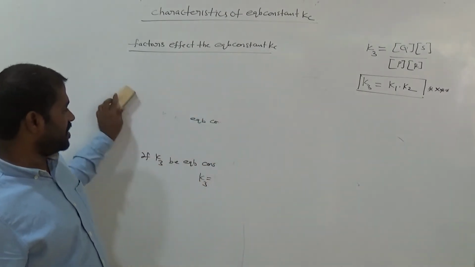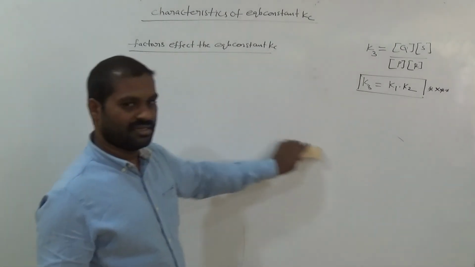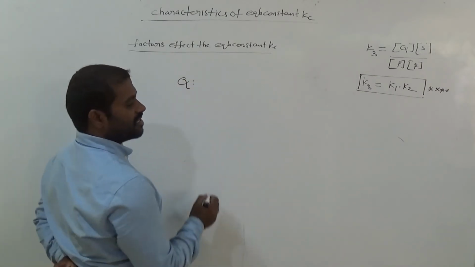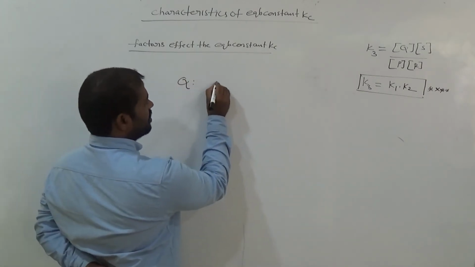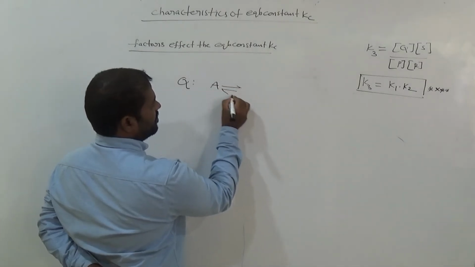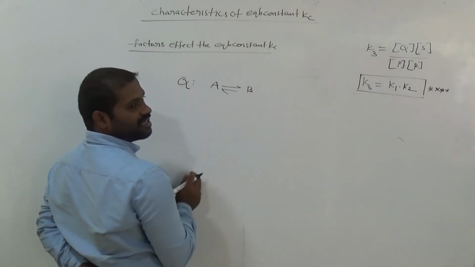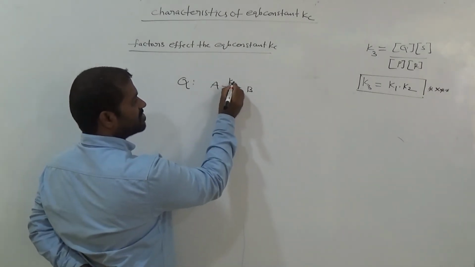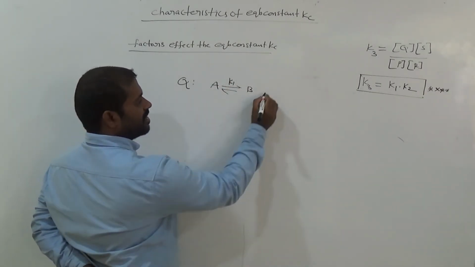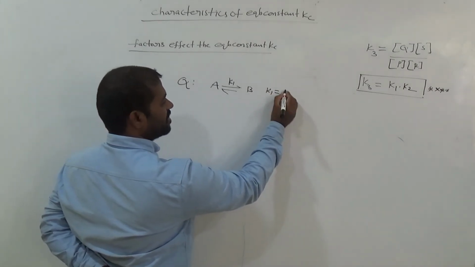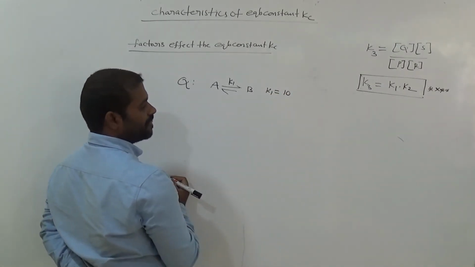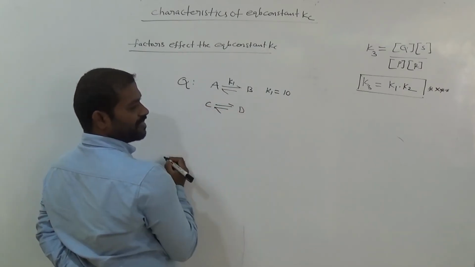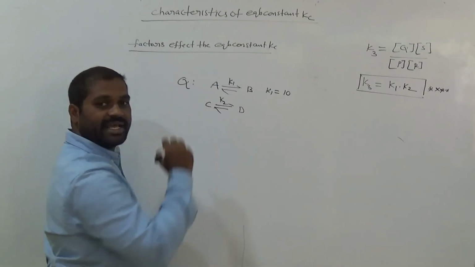So let us see one example regarding this. Suppose the question is, for a reaction A reversible B, where the equilibrium constant is K1 and that K1 is taken as 10, and C reversible D, where the equilibrium constant is taken as K2.